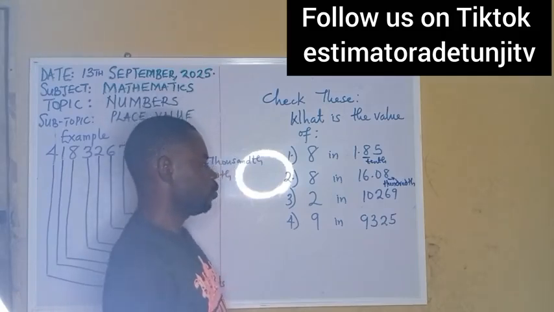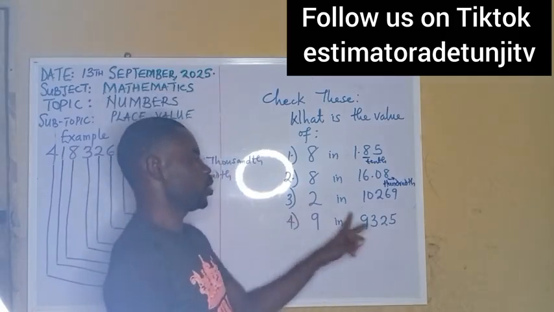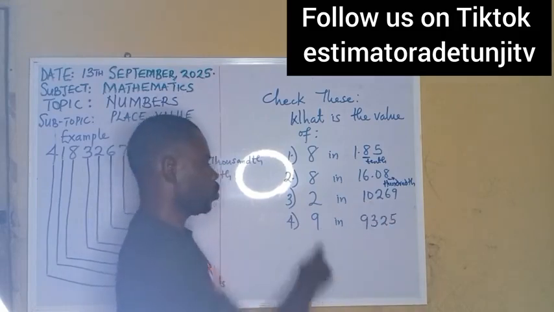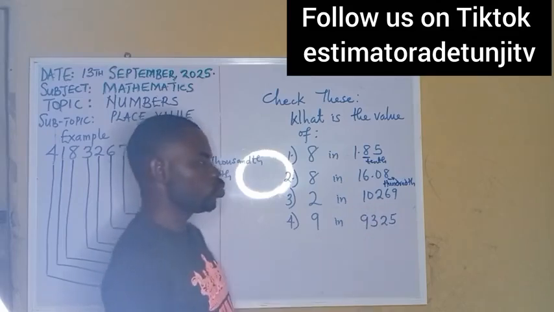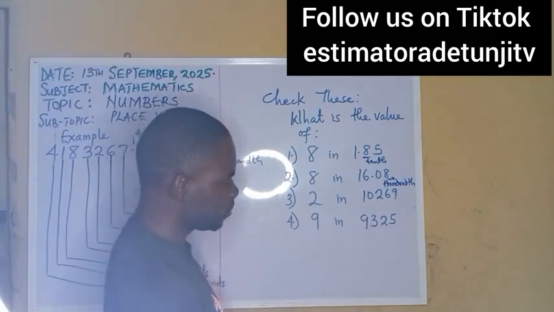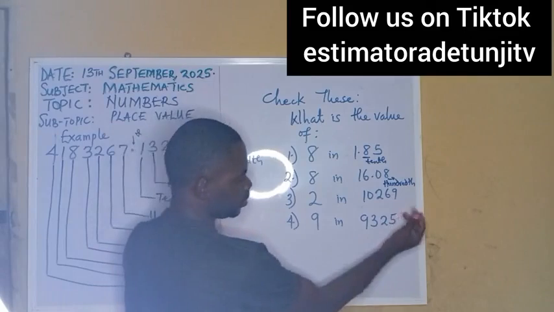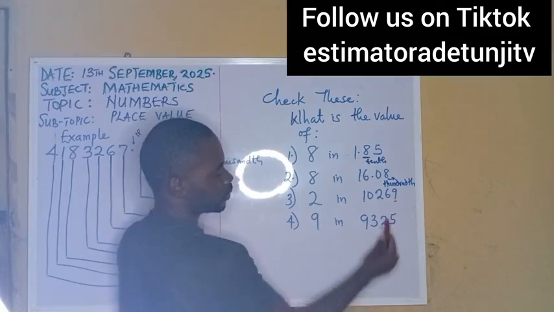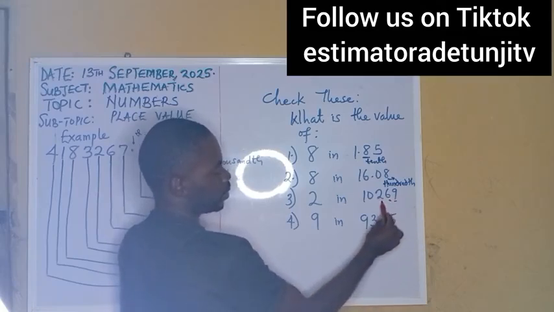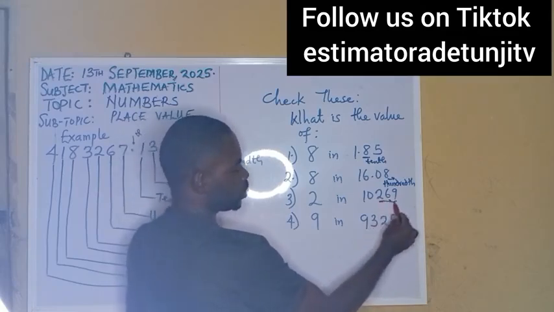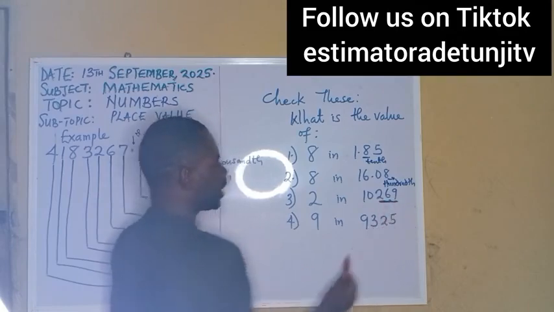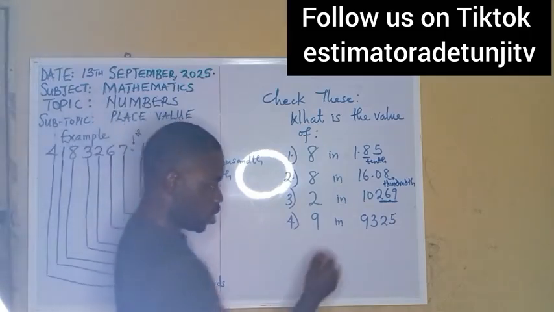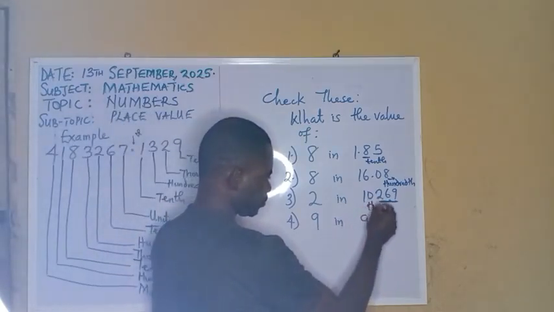Now, number 3, what's the position of 2 in 10269? Let's check the digits very well. Remember, these are whole numbers. From the last digit, that is the units, the tens, the hundreds. So this 2 is under hundreds, so the place value is 100.